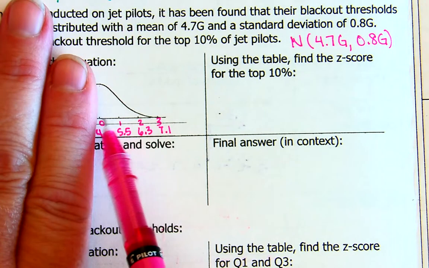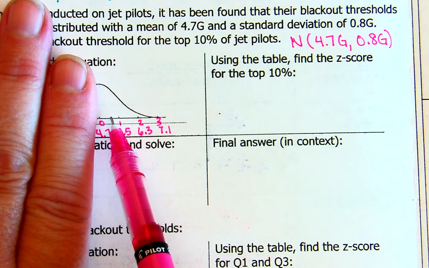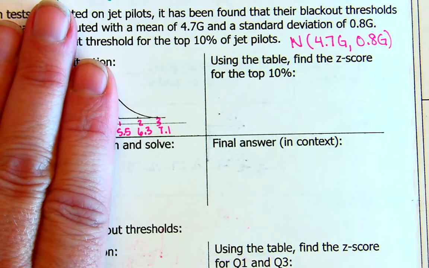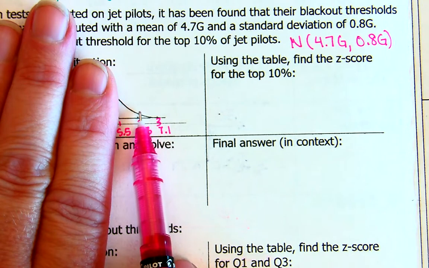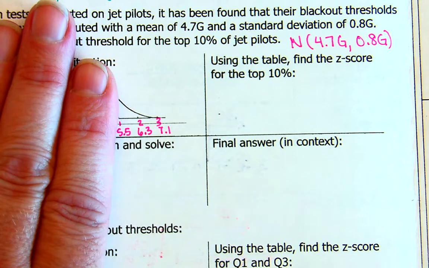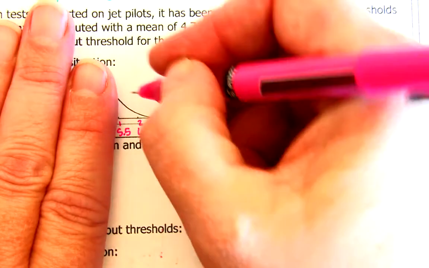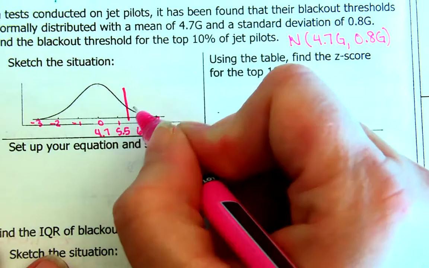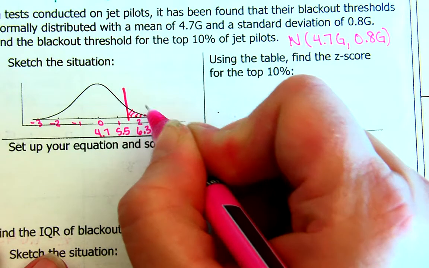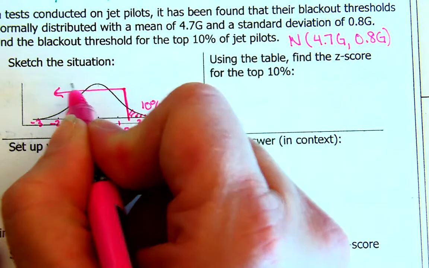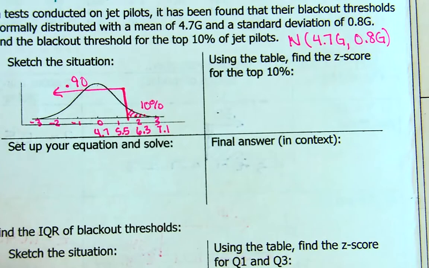If this is 34%, then I take away from the 50, now I'm up to the top 16%. If I go over to this one, this is the top 2.5%. So it's somewhere between there. Okay? So it's going to be somewhere kind of right in here. So this over here is 10%. That means this way is 90%.